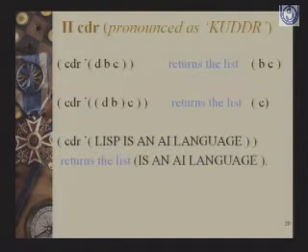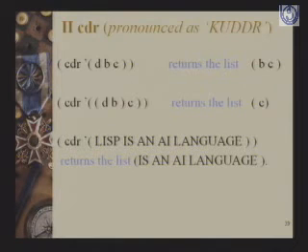Now the quoted list DBC has three elements, namely D, B, and C. Out of this given list, the first element is dropped, and the rest of the two elements constitute a list which is returned. So in this particular case, CDR returns the list BC.